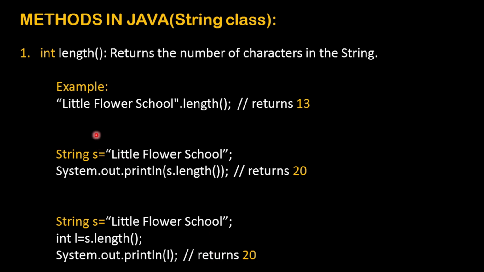So these are all the ways you can use this length function. Here directly s is equal to little flower school we have used, and the answer is printed. In a variable we are using this length function, its answer is also printed.